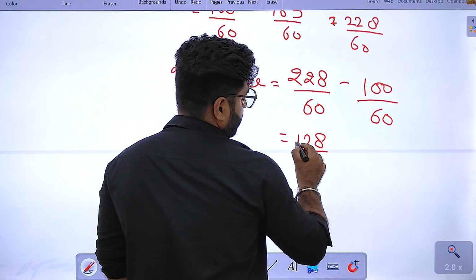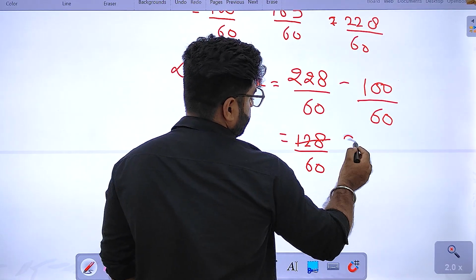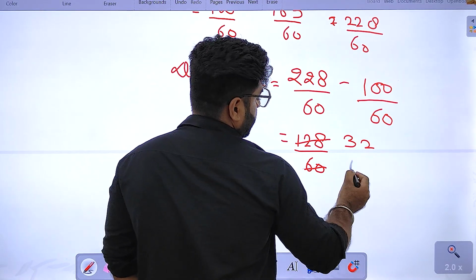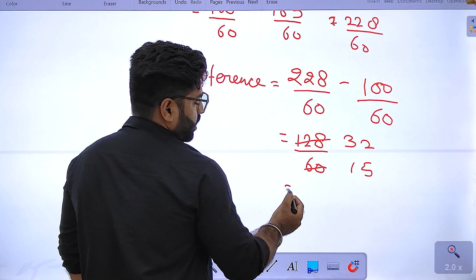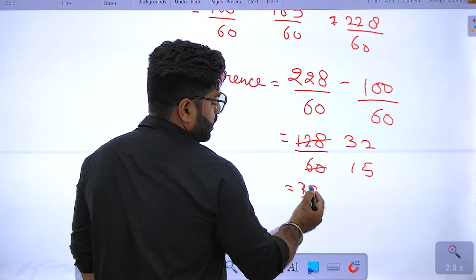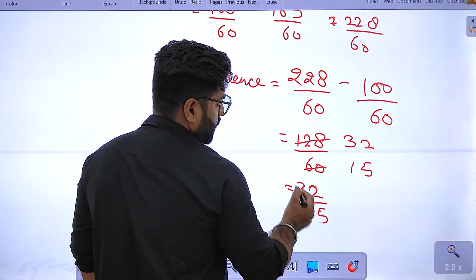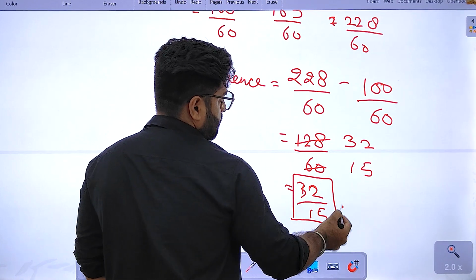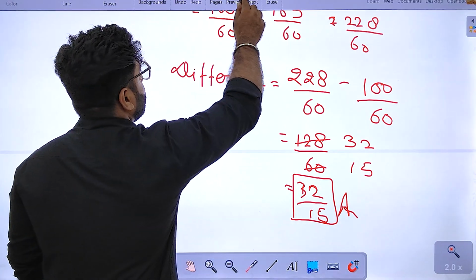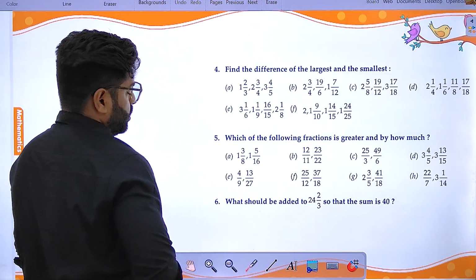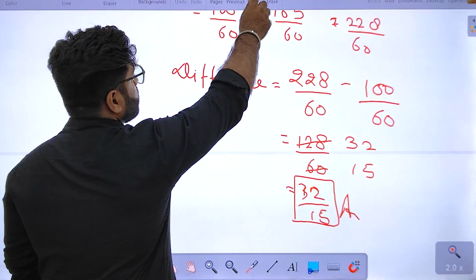So if we solve them by 4, 4 3s are 12, 4 2s are 8, and 4 15s are 60. Okay, now we are having the answer 32 by 15. Clear? Okay. Questions number 5 and 6 are done in the same manner.